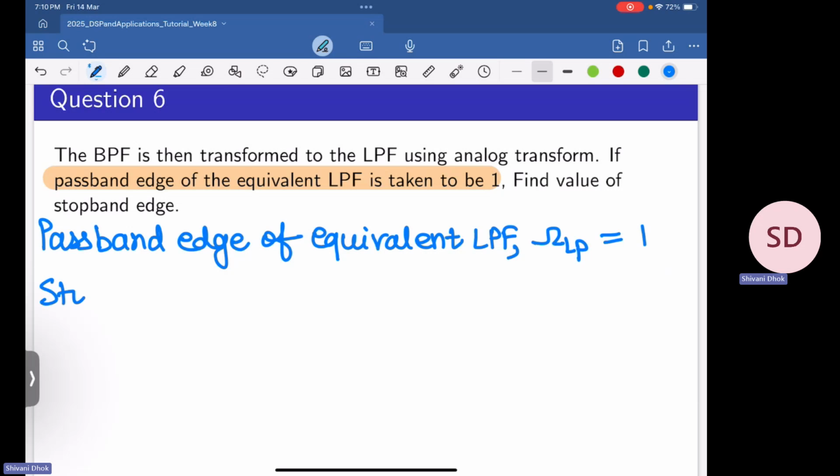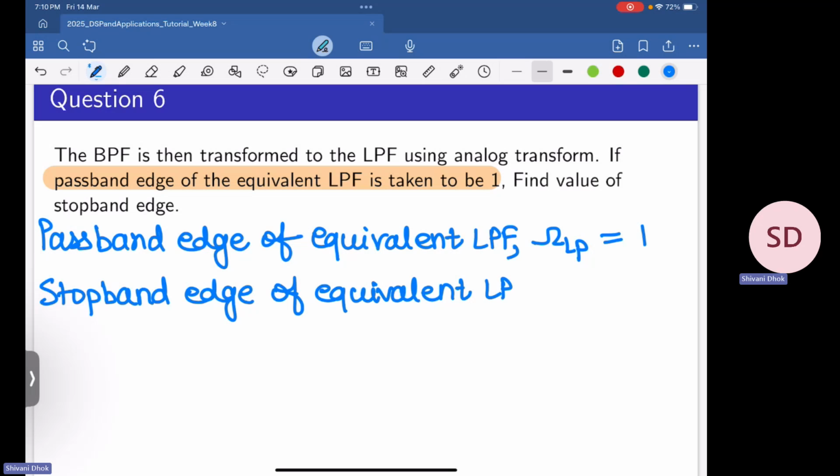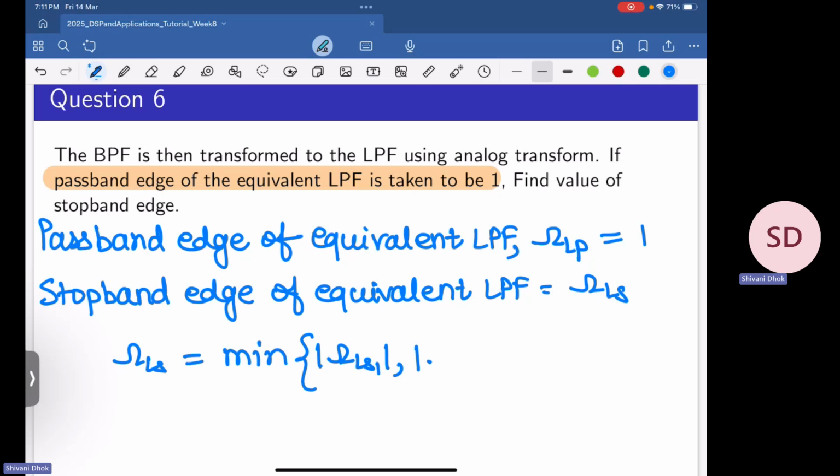So the stop band edge of the equivalent low pass filter is omega ls, and this omega ls is given by the minimum of the magnitude of omega ls1 and the magnitude of omega ls2.